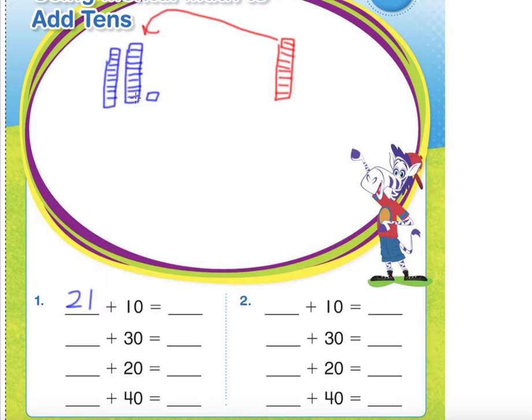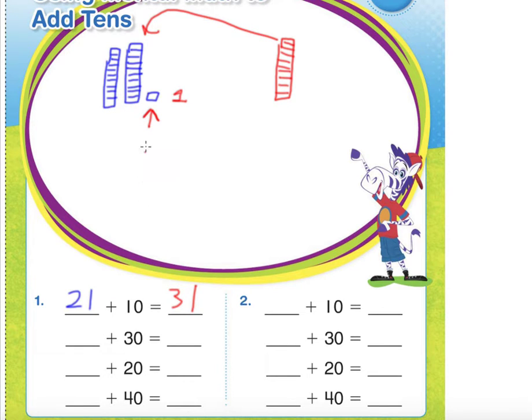We have 1, 2, 3 tens. So that 3 goes there. And then how many ones do we still have? It's right there. We just still have that one single cube in our ones place. And that's all we're doing.